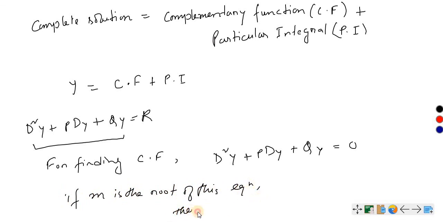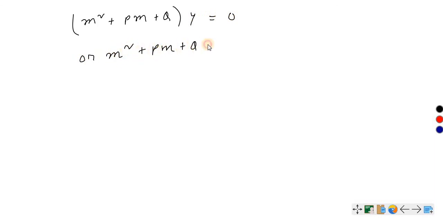Now suppose small m is the root of this equation. Then this equation can be written as m square y plus pmy plus qy is equal to 0, which can be further written, if we take y common, as m square plus pm plus q, whole thing times y, is equal to 0, or m square plus pm plus q is equal to 0.